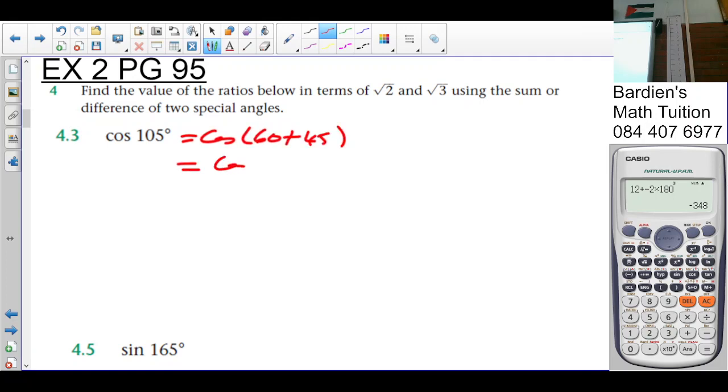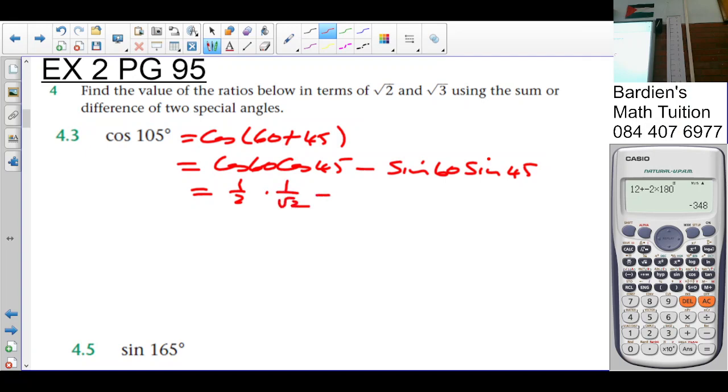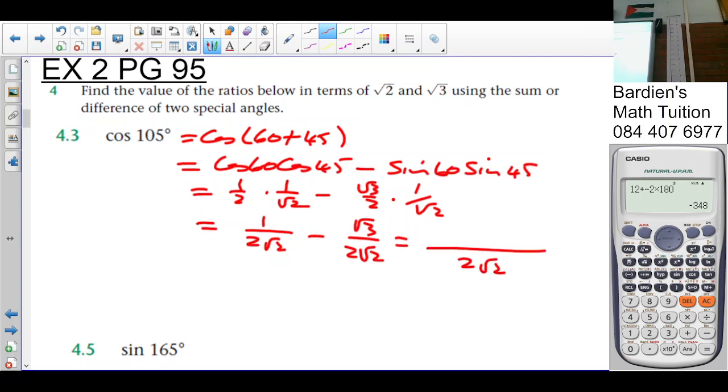So it's going to be cos 60 cos 45, opposite sign, sine 60 sine 45. Which now simply gives us 1 over 2 times 1 over root 2 minus root 3 over 2 times 1 over root 2. Which gives us 1 over 2 root 2 minus root 3 over 2 root 2, which is 1 minus root 3 over 2 root 2, denominators are the same. Okay?